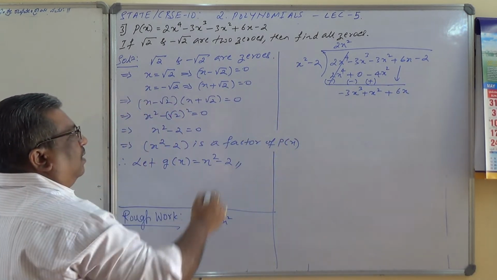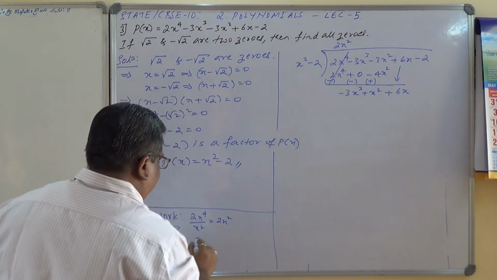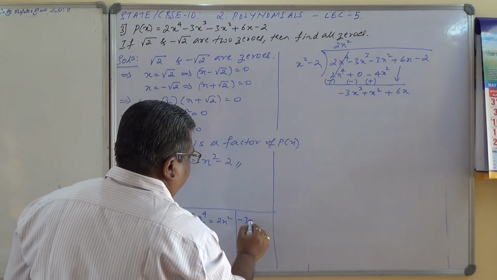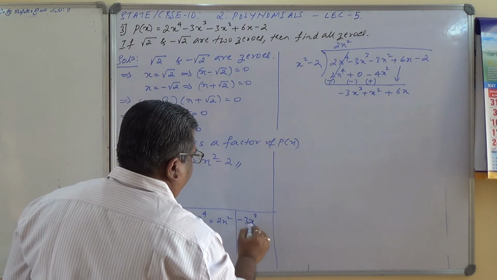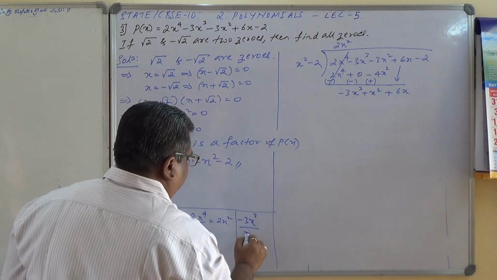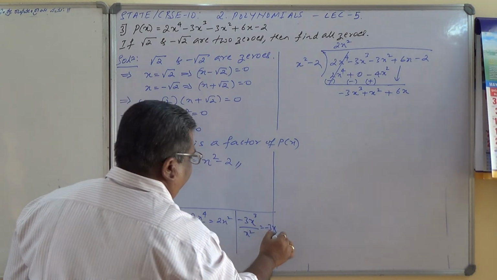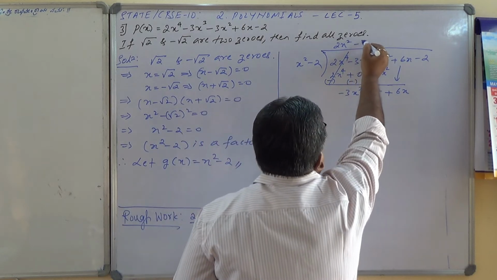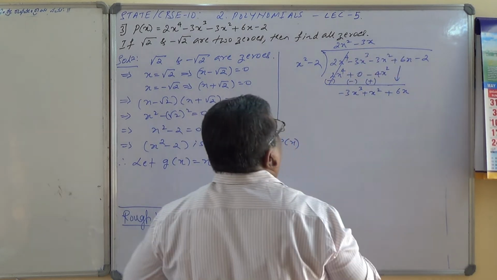Now, the second term of the quotient: minus 3x cube divided by x square is minus 3x.